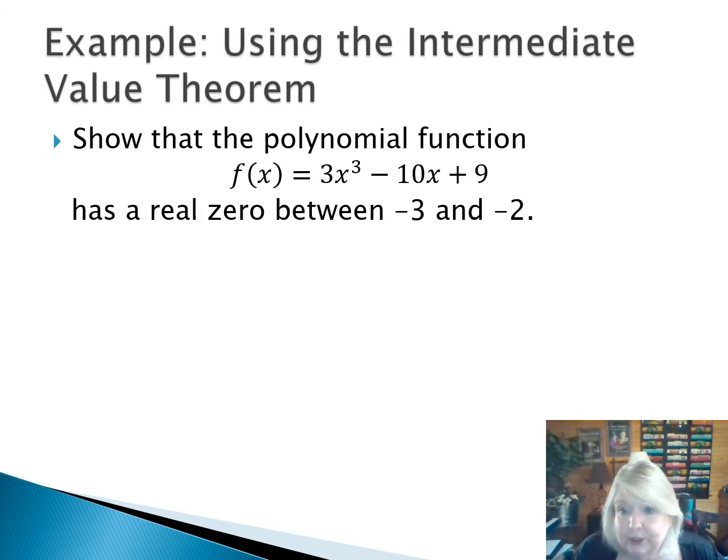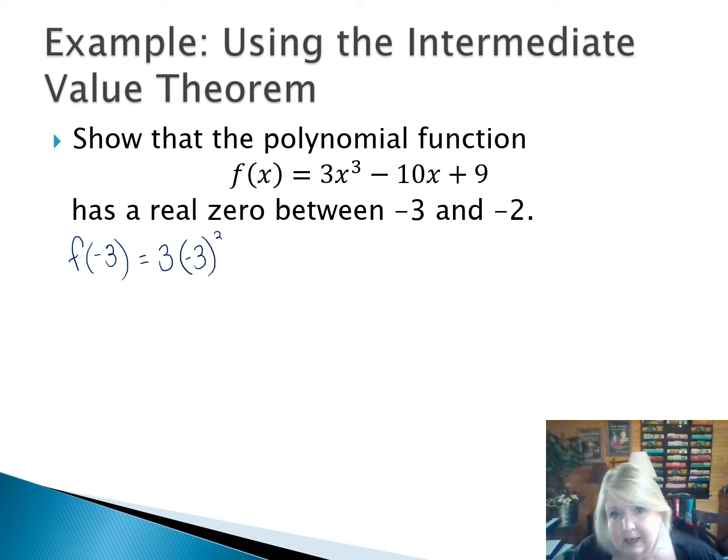So let's look at an example and show that there is a real 0 somewhere between -3 and -2 for our function. What I would need to do this is to substitute -3 for x. So I'm going to substitute -3 for x, and then I'm going to simplify.